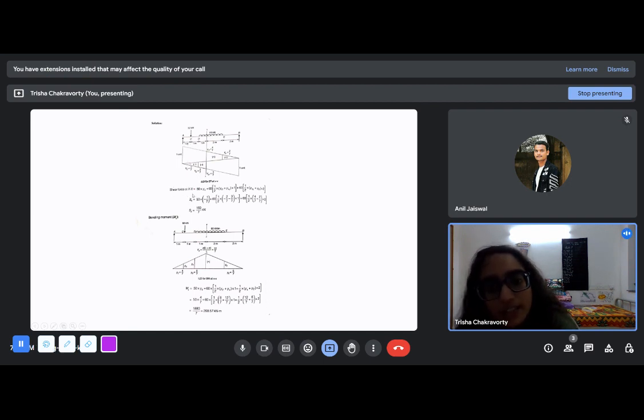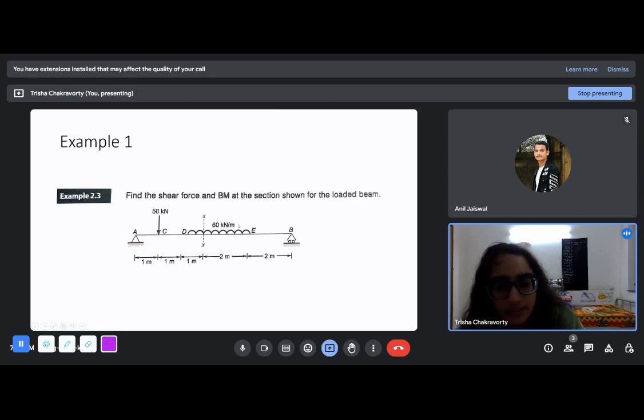So for the shear force at section X, you just go on adding them algebraically. See, this is minus 50 and this is minus 1 by 7. So if this 50 is taken as positive, we get 50 into minus 1 by 7, plus this loading, which is 60 kilonewton total. See what you have to do.